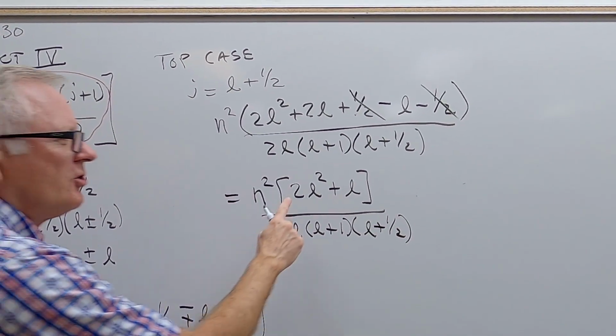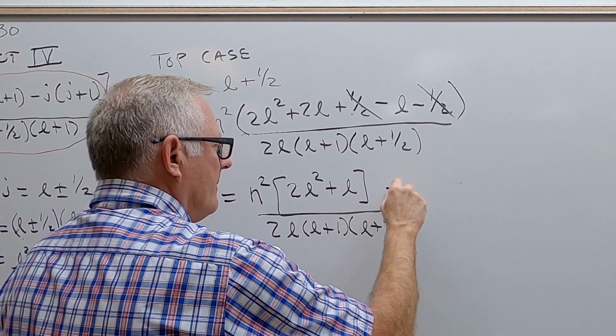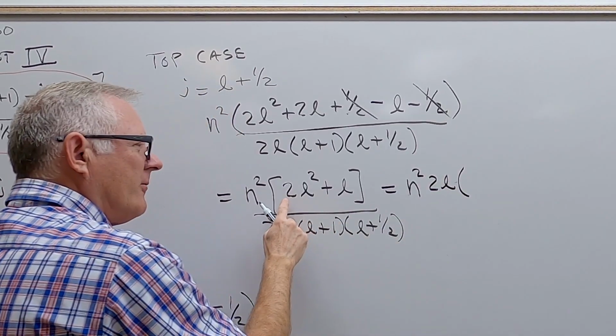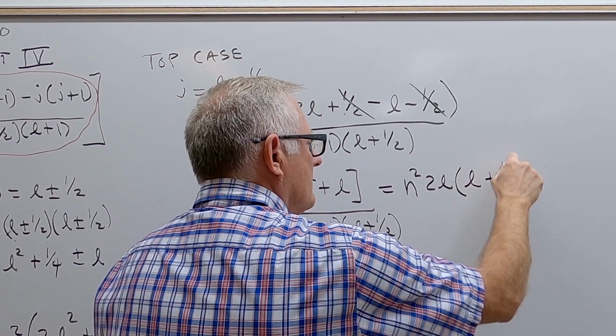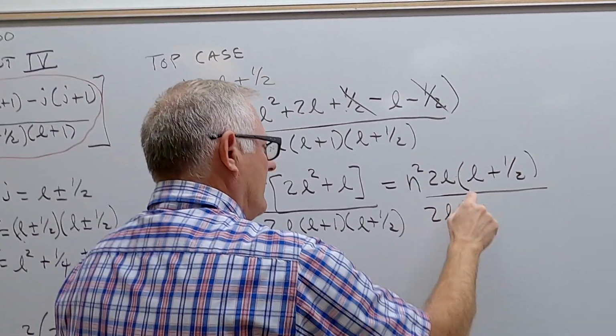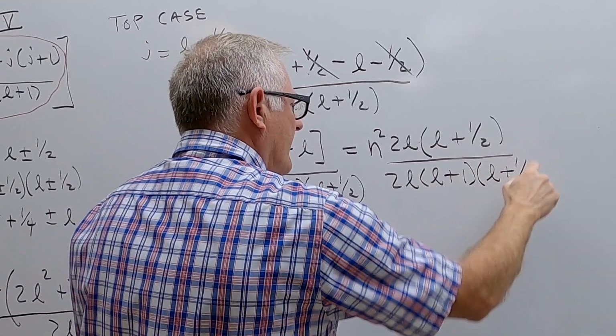Now if I pull the 2L out, this is n squared 2L, and we're left with an L plus a half, all over 2L, L plus 1, L plus 1 half.